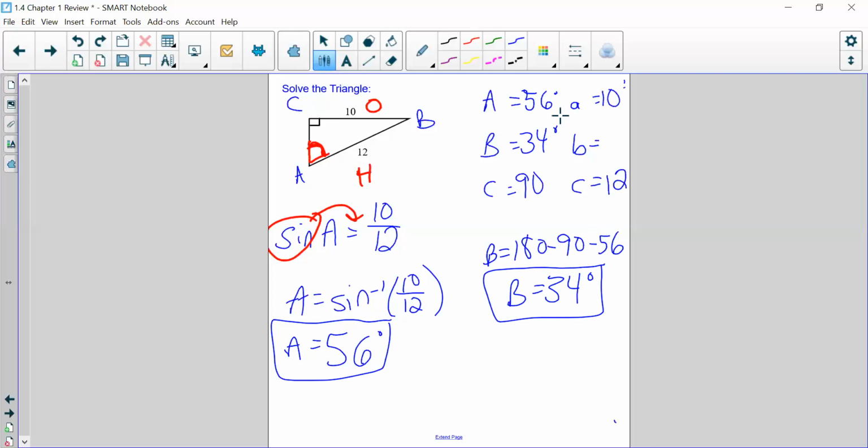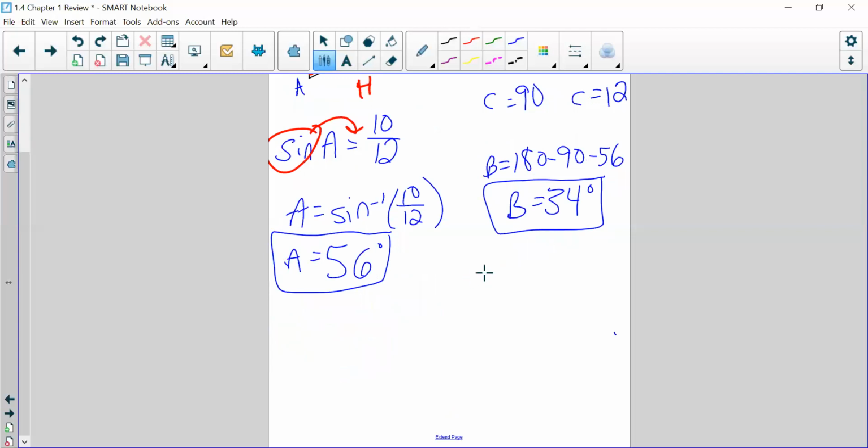And B, I probably will use Pythagorean theorem to solve for. It's initially a squared plus b squared equals c squared, but I'm solving for B. So I'm going to just rearrange that. B squared is going to equal c squared take away a squared, the hypotenuse, take away my short side. C is 12 and A is 10.